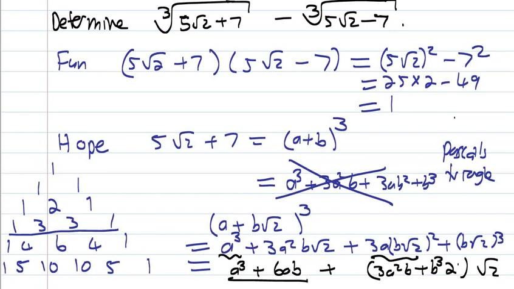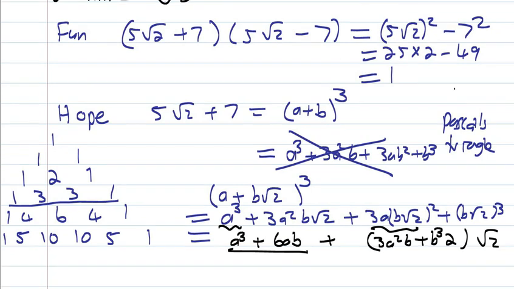Can I get a yes that you guys follow the maths? So the a plus b cube plan, we're going to modify it to a plus b root 2 cube plan. And so we end up with something that now looks like this. All right. And so now we say, okay, I am hoping that this guy is equal to 7.